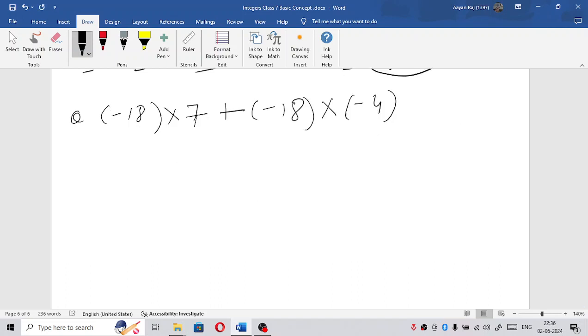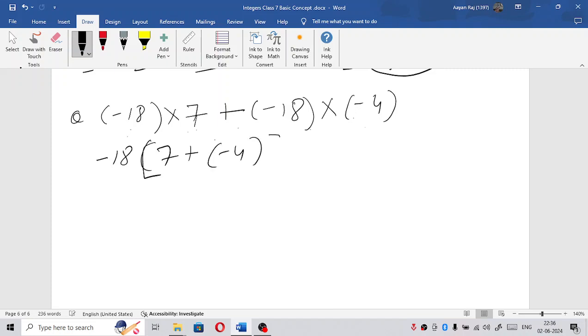So let's see the distributive principle with another example. Here there are three integers a, b and c. This is in the form of a into b plus a into c. Using the distributive principle, we can write a into b plus c. c is nothing but minus 4 here.